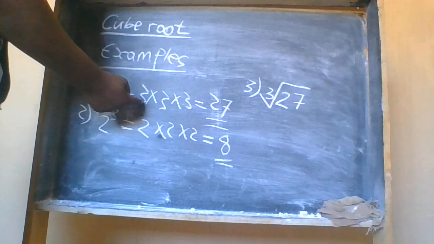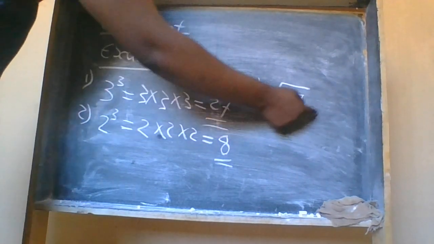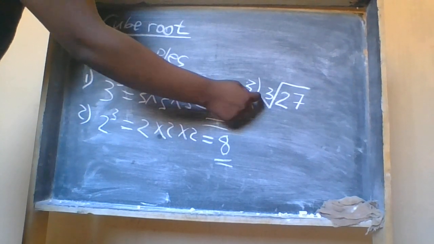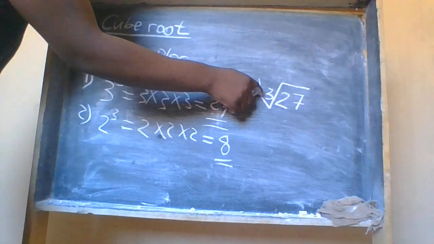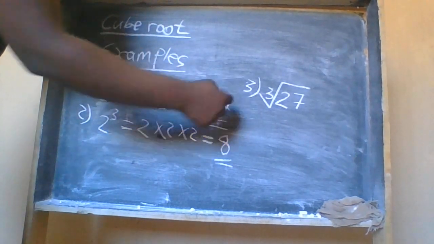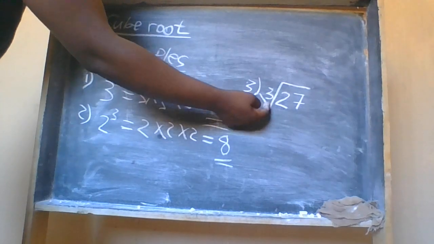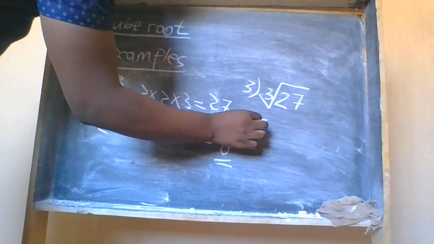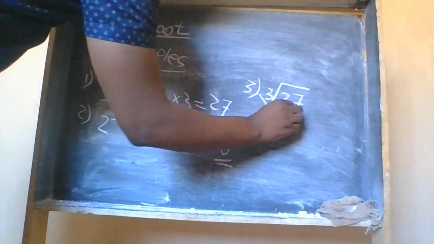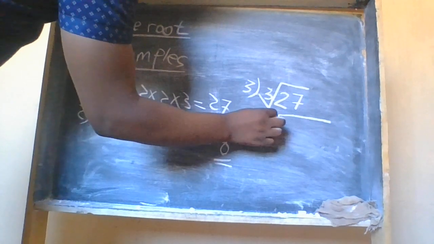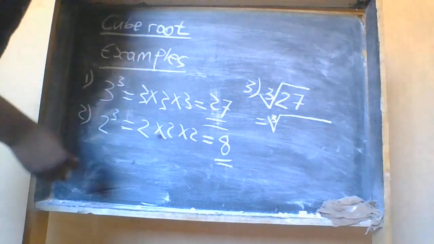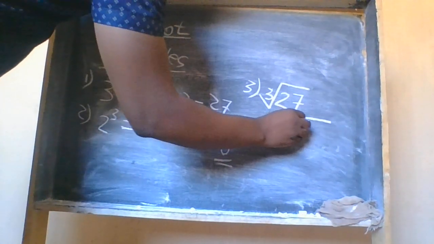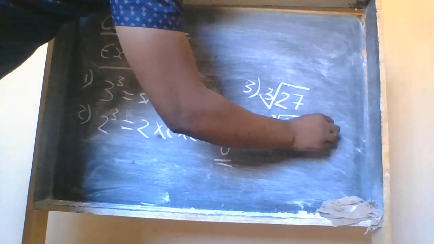But how do we know that we are looking for the cube root? It's by indicating the 3 there. The moment you are given the root symbol and there is also a small 3 there, you should know that what they are looking for here is the cube root of 27. So we are going to say this is equal to, not forgetting our 3 there, to break down this 27, 3 times what? 9.